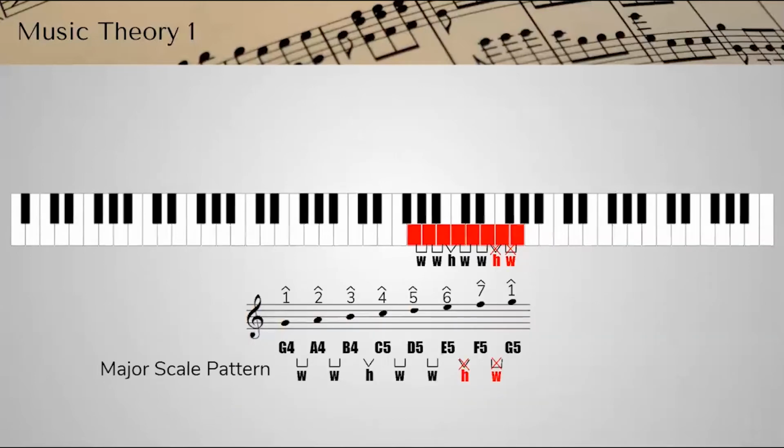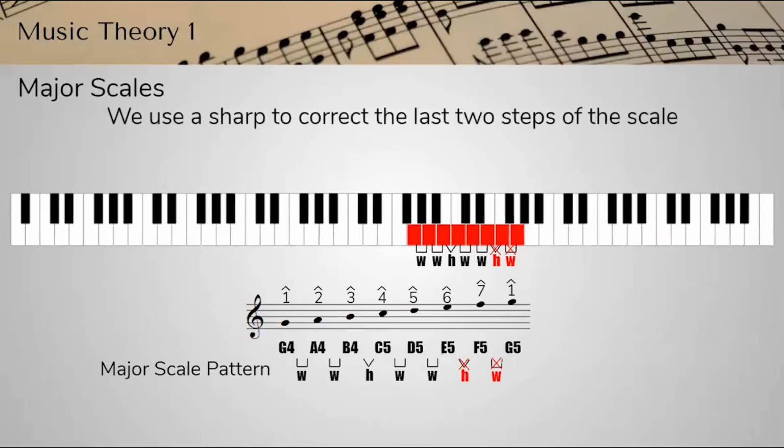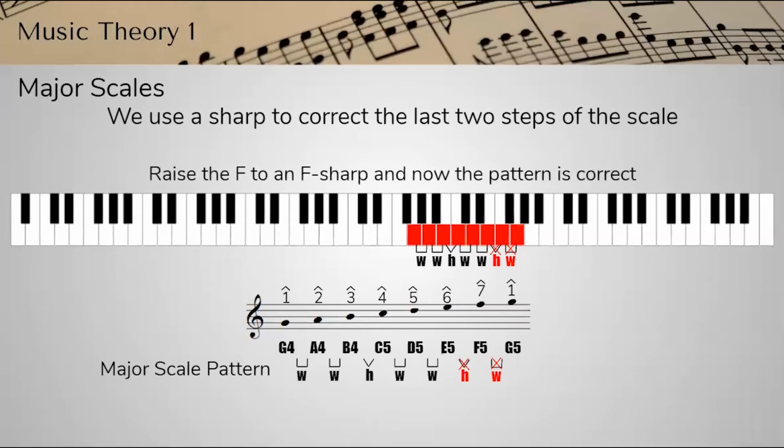Okay, so let's look at how we use these accidentals to fix the problem in our scale we just tried to build. So back to this G major scale, we can use a sharp to correct the last two steps of the scale, because that's where we had a problem. So what we have to do is raise the F natural to an F sharp, and now the pattern will be correct. So we add that F sharp there, and that raises the F natural up a half step.